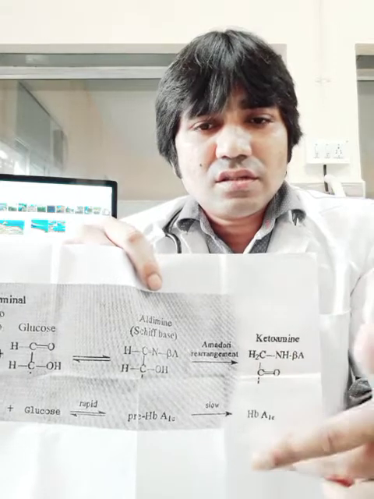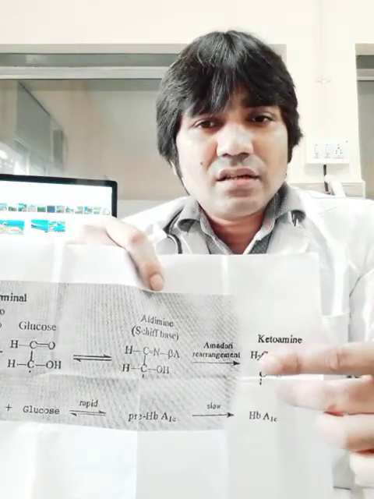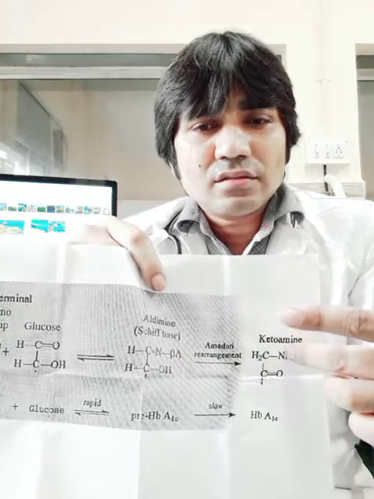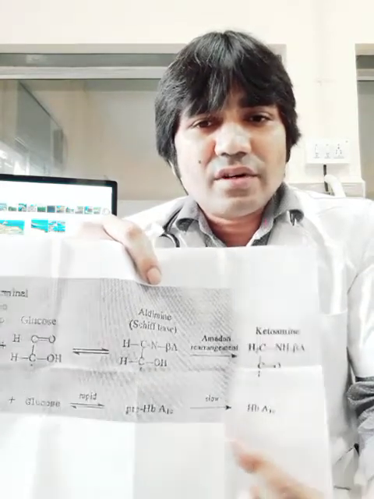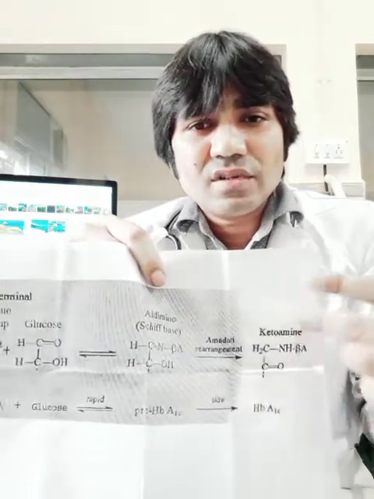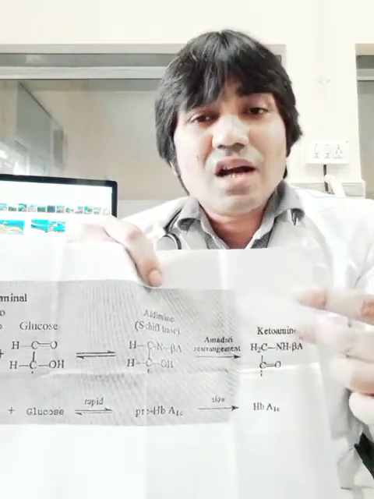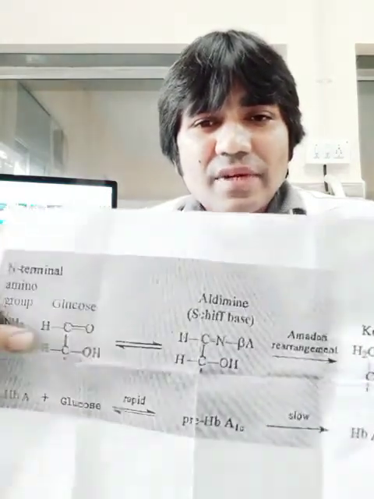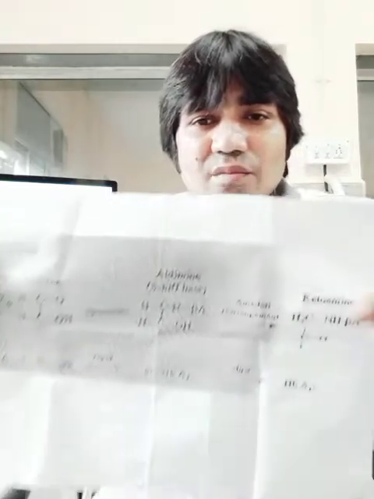This is the final product, HbA1c, called ketoamine, keto and amine, and it is also an irreversible reaction. So once it is formed, it will remain till the destruction of this amine group or RBCs. So all this is happening in the glycation procedure.